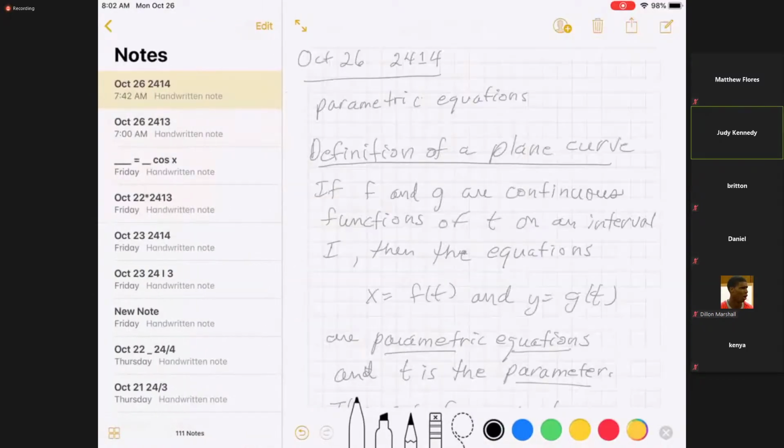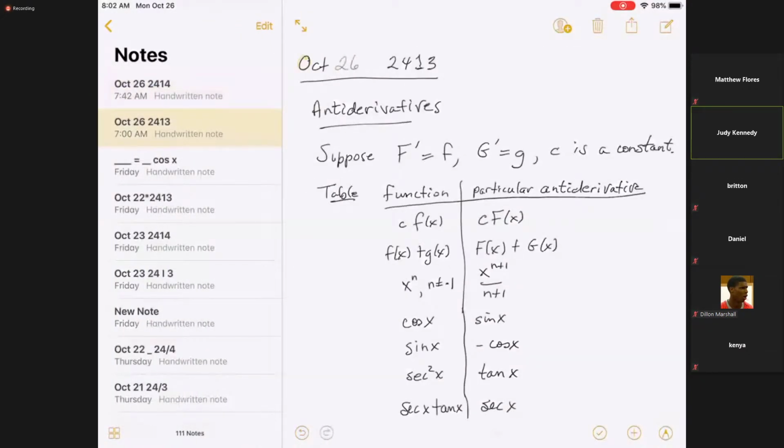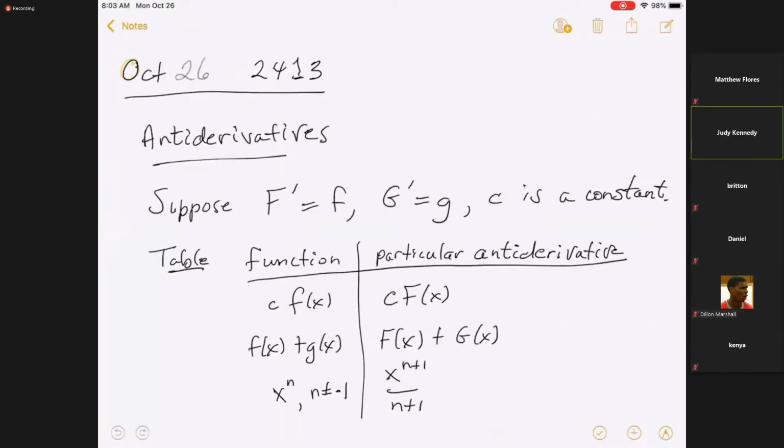Okay, and that's my 2414. All right, so let's see. Antiderivatives. So instead of taking a function and then taking its derivative, okay, we're going to go the other way. We're going to take a function and find what it is the derivative of.